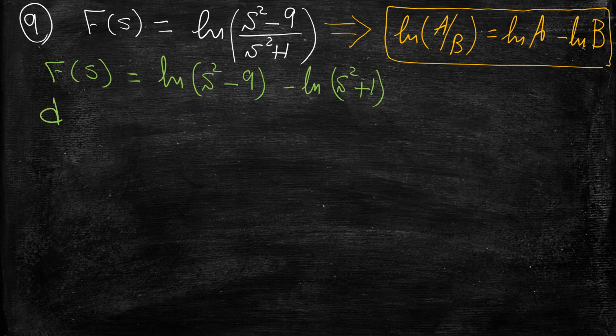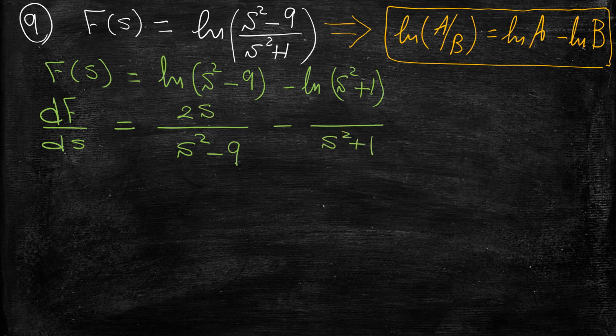So the derivative dF by dS will be equal to 1 over s squared minus 9 multiplied by the derivative of this term, which is 2s, and then we have 1 over s squared plus 1, and here the derivative is 2s.